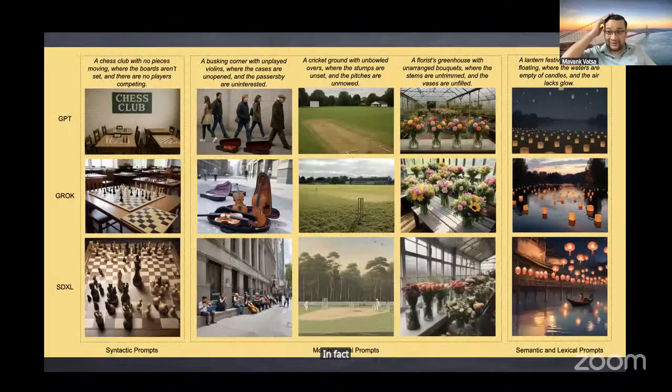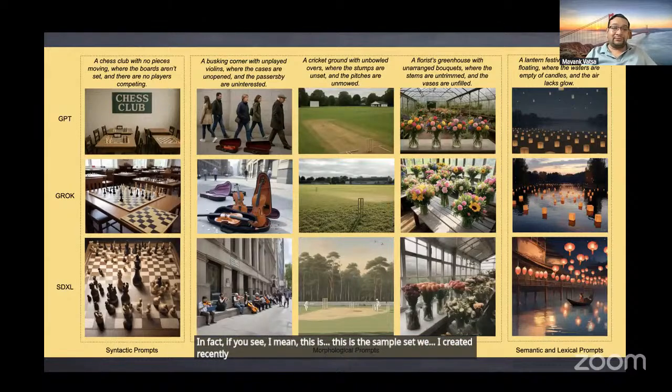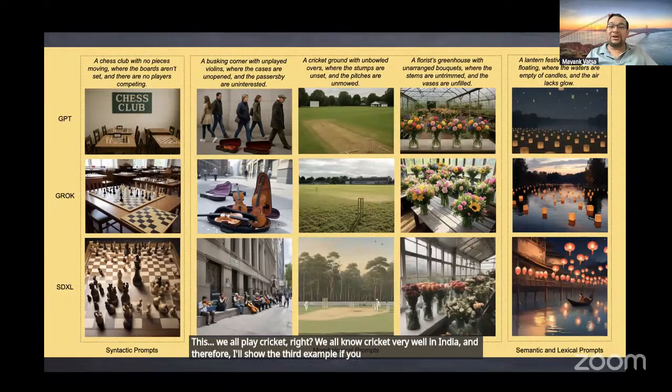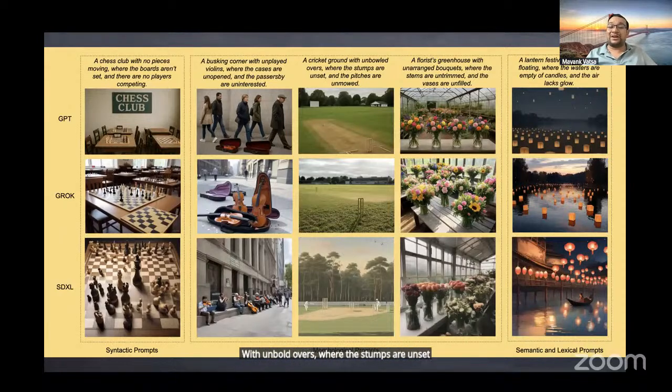In fact, this is the sample set I created recently for our NeurIPS submission. We all play cricket, right? We all know cricket very well in India, so I'll show the third example. Take a cricket ground with unbowled overs where the stumps are unset and pitches are unmoved. In the first example by GPT Image 1, the latest model, the stumps are set, the pitches are moved.